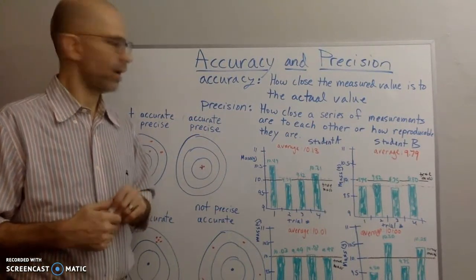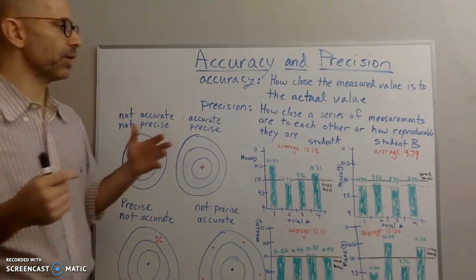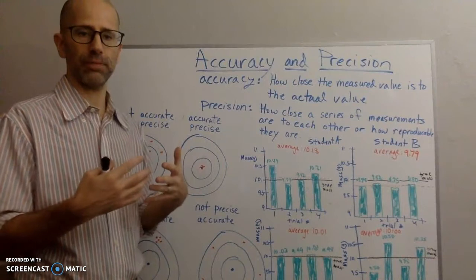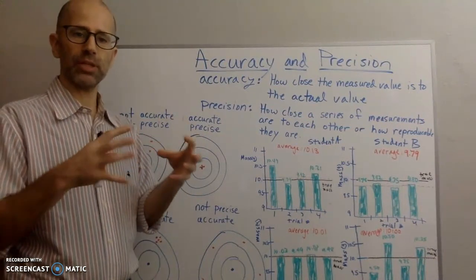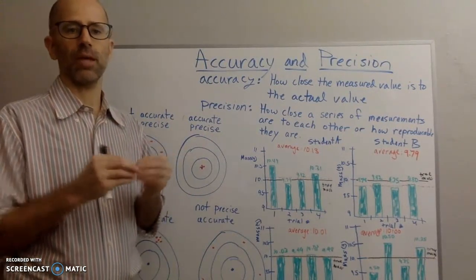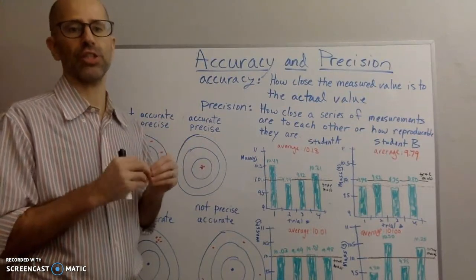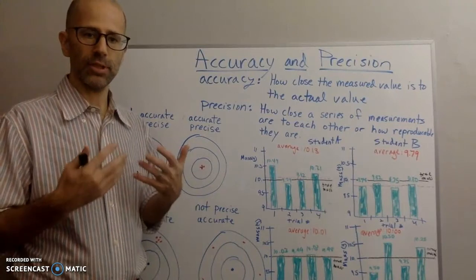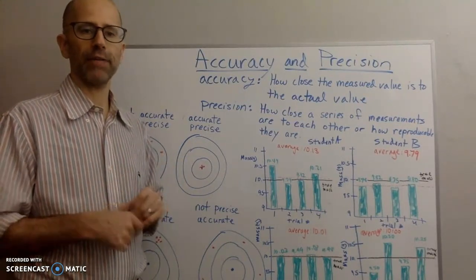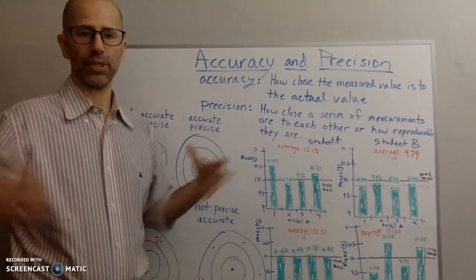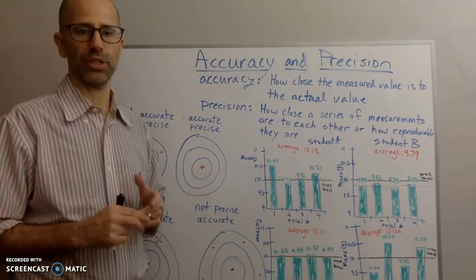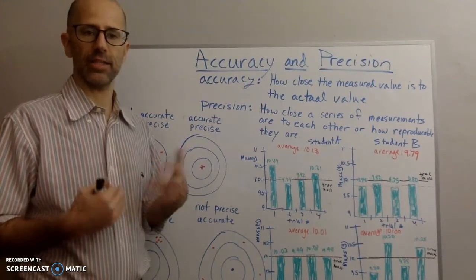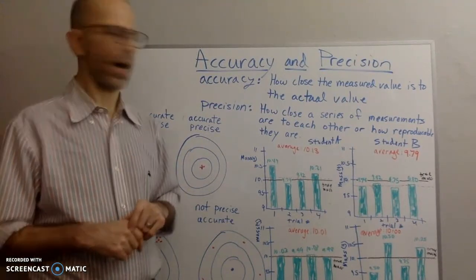So when we're comparing a series of measurements to each other, if those measurements are close to each other, then there is precision in the data. If they're very far apart from each other, then there is imprecision in the data. Or another way to put it is the data is either reproducible or not.